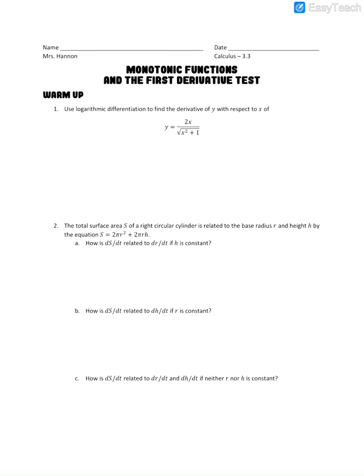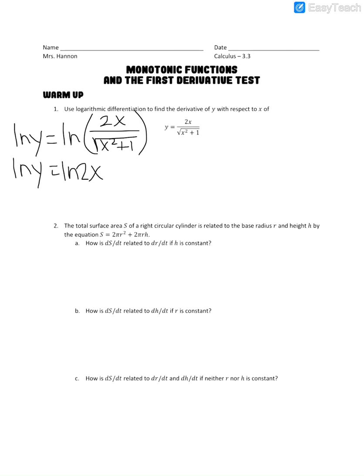So the first thing we're going to do is take the natural log of both sides. And then what we want to do is use our log rules to simplify the right. I know that when I have division, that becomes a subtraction.